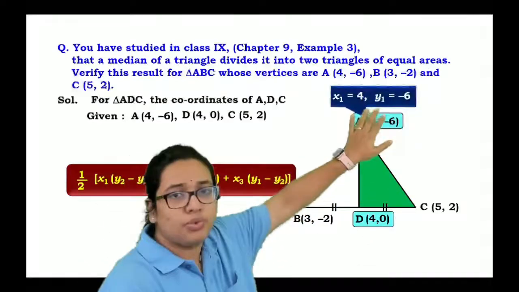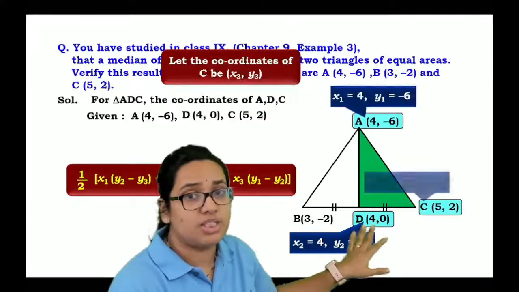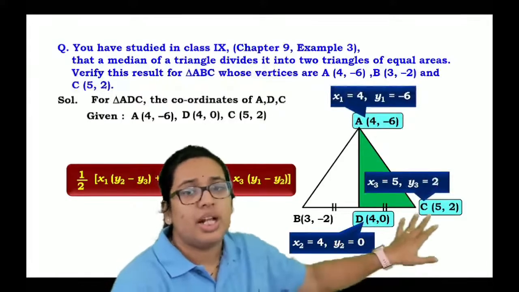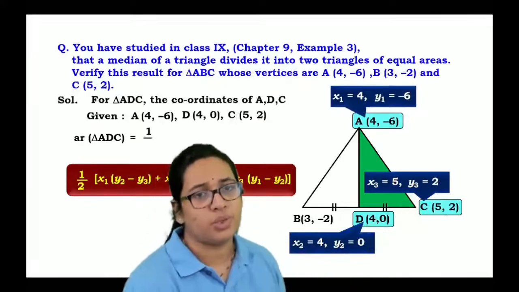Let x1 be 4, y1 be minus 6, x2, y2 be the coordinates of D which is nothing but 4 and 0, and x3, y3 be the coordinates of C which is nothing but 5 and 2.